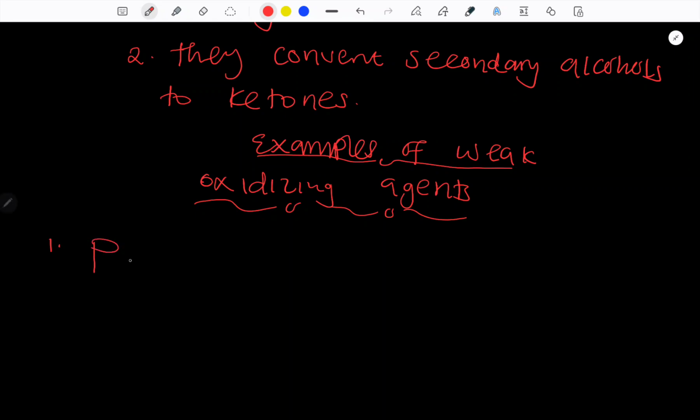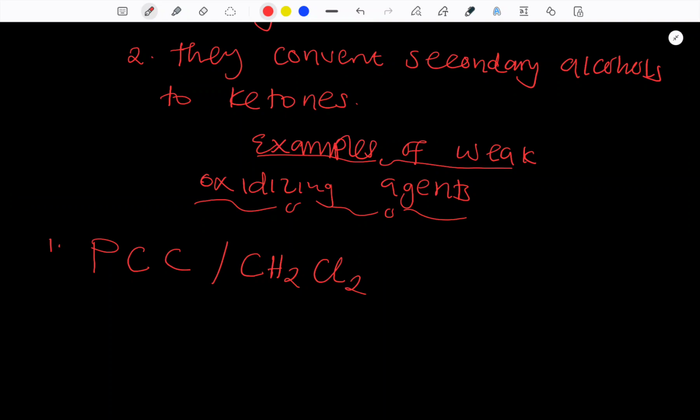So when you just see PCC, this is a weak oxidizing reagent. PCC goes hand in hand with this solvent, dichloromethane, CH2Cl2. So PCC goes hand in hand with dichloromethane.